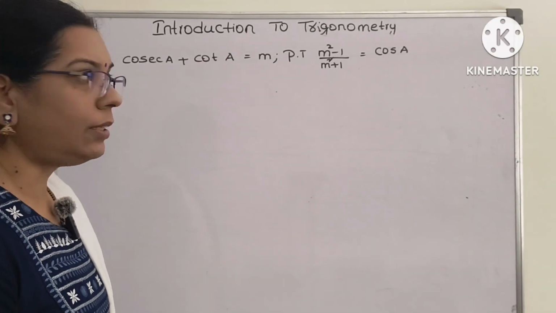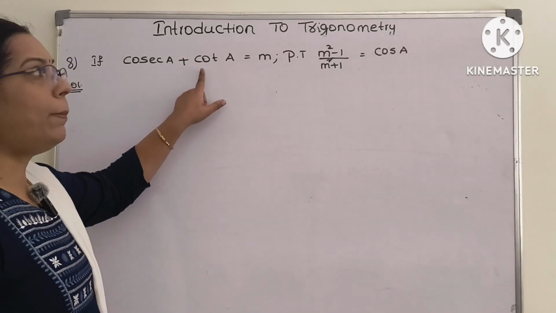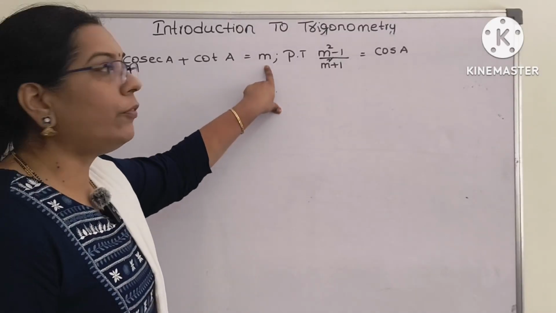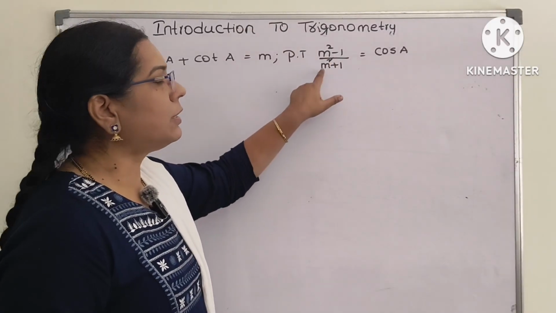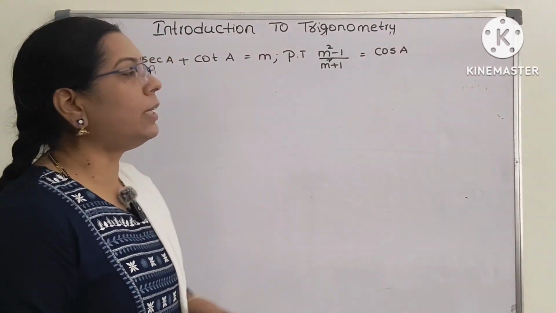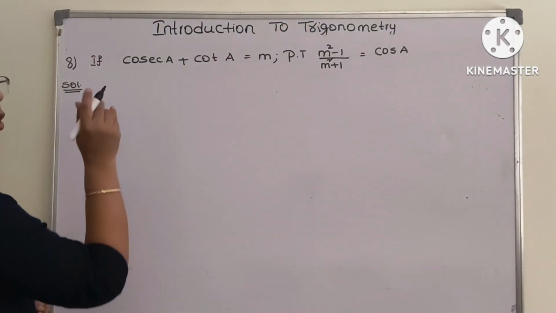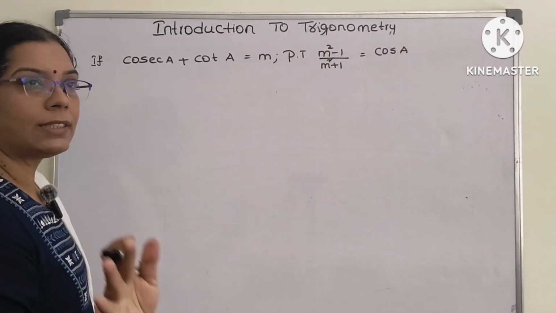The next one, children. If cosecant A plus cot A is equals to m, we have to prove that m square minus 1 by m square plus 1 is cos A. Okay, always start with what is given.